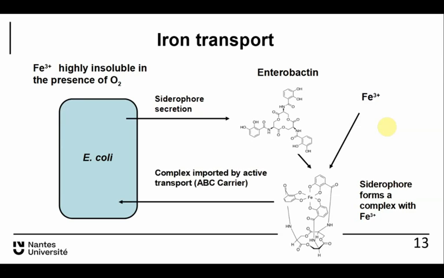And then all of this complex is re-imported into the bacterium by an ABC carrier system. Siderophores are really essential for bacteria to pick up iron, and often other metal ions that are essential oligoelements.